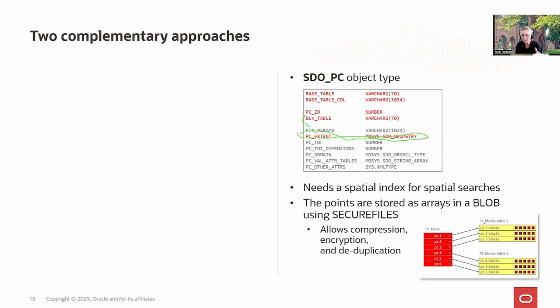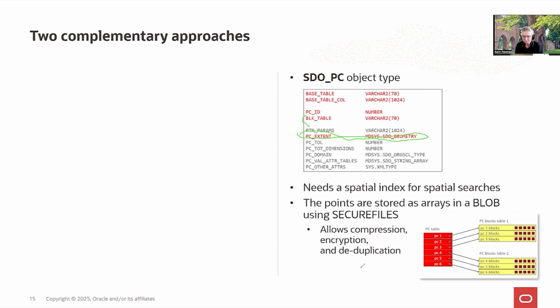So typically, when loading point clouds into the Oracle database and then creating these SDOPC object types, one of the parameters is that you define the size of the block. So how many points will be part of one block, and this block will be stored in the block table. And as you can see, one point cloud can have one or more blocks of points that belong to that point cloud.